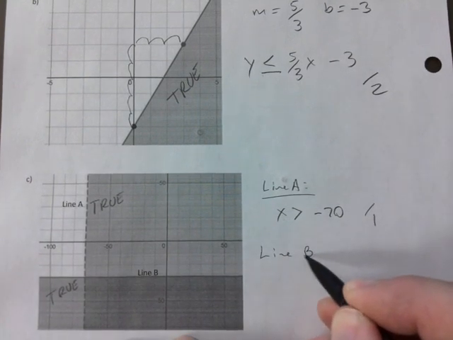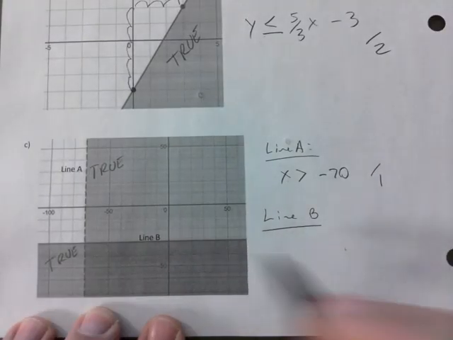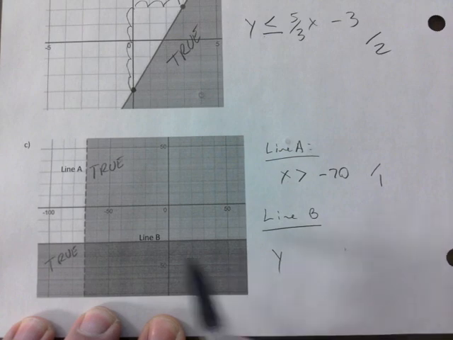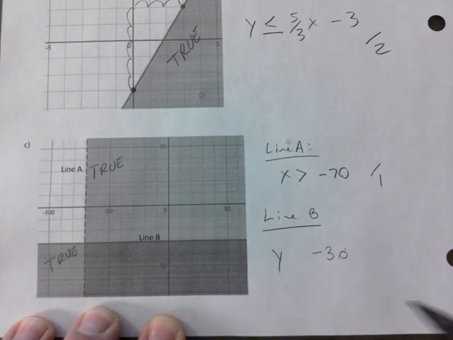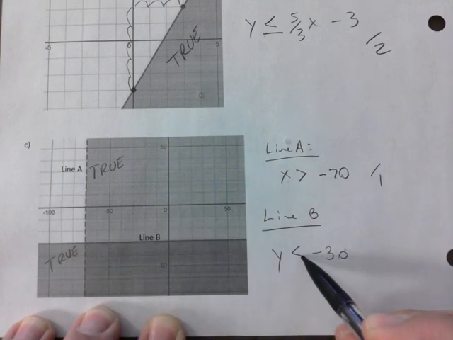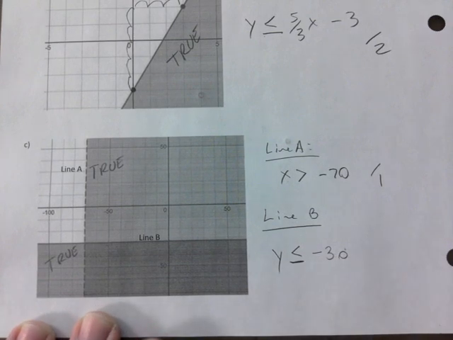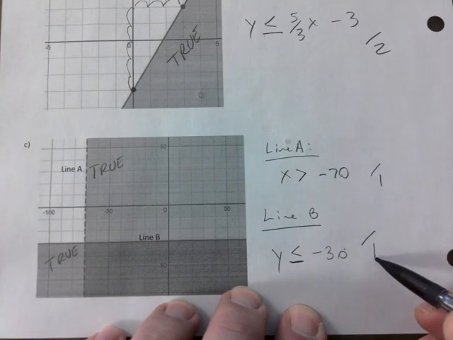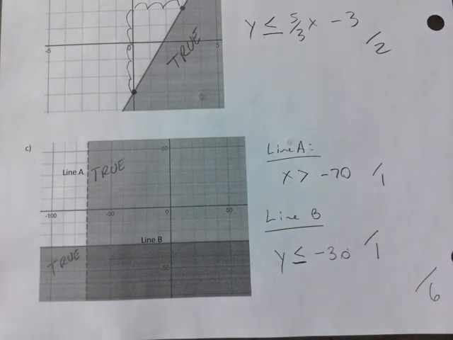Line B, that's a horizontal line, so it's y, and it goes through negative 30. True region is below, correct? So I have to go y is less than, and it's a solid line, so I have to slap on the equal sign. 1 mark for that. So that's where the back is out of 6, right? Got 11 and 6, that's 17.